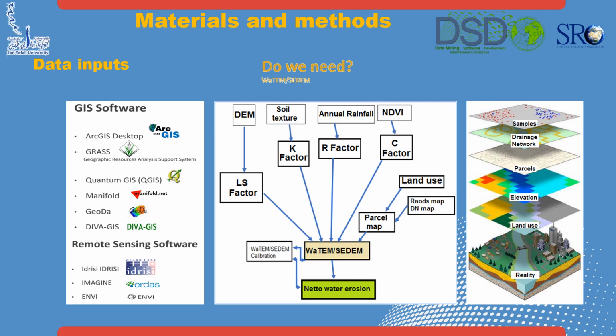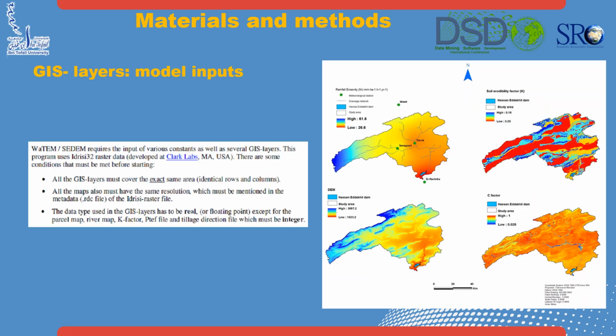Then after calibration of the model, we have as a result net water erosion maps. In this application of the model, we need to use GIS software and remote sensing software. In these maps, we prepared all the GIS layers required by WATEM-SEDEM for its application.